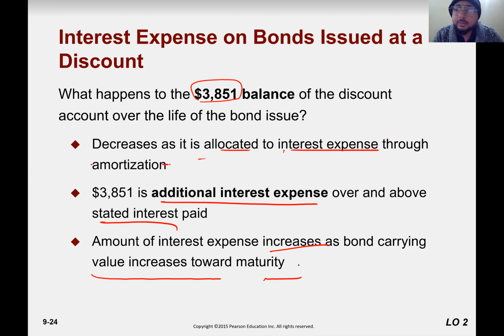So interest expense is always greater than interest payment, right? The discount is going to be decreased or amortized with the number of payments, and the balance is going to be added to the carrying value, or bond value.